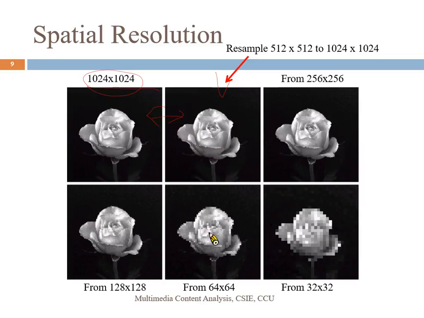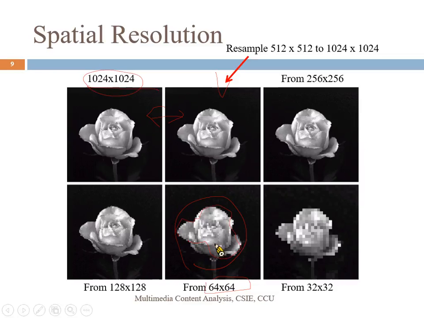But if we enlarge a 64 by 64 image to 1000 by 1000, we can clearly see the staircase effect and the blur effect. This is quite reasonable because the original 64 by 64 image conveys just a little portion of the visual information.